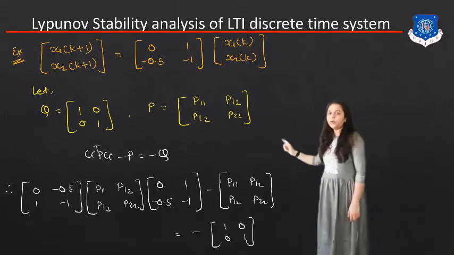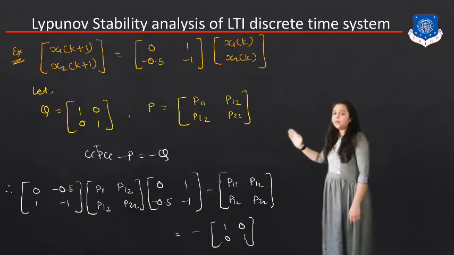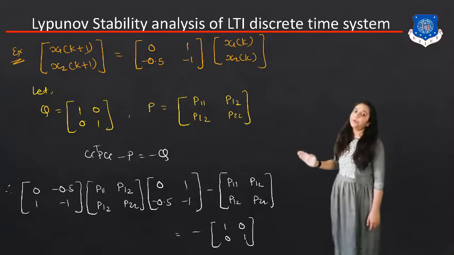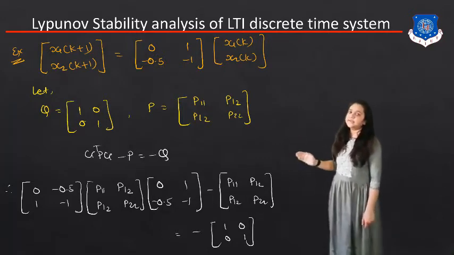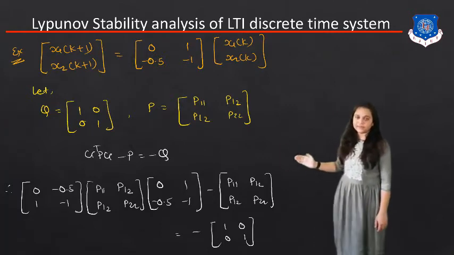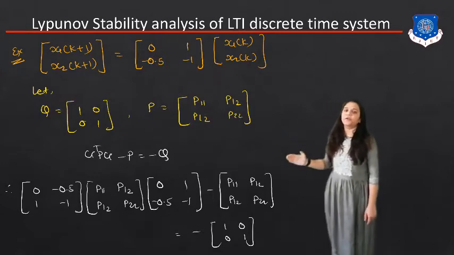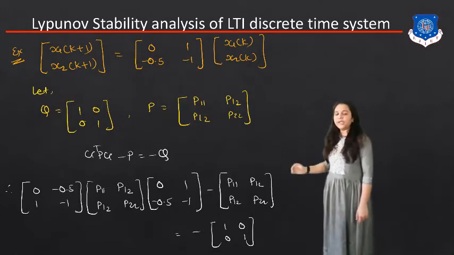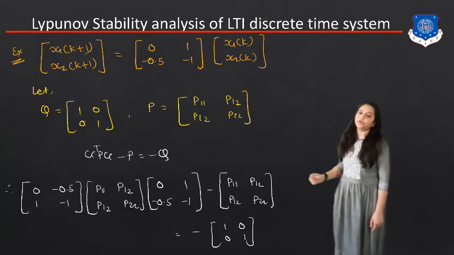It is 0, minus 0.5, 1, minus 1. The P matrix will be P11, P12, P12, P22 into G, that is 0, 1, minus 0.5, minus 1, minus the P matrix P11, P12, P12, P22, and the Q matrix will be minus the matrix 1, 0, 0, 1.